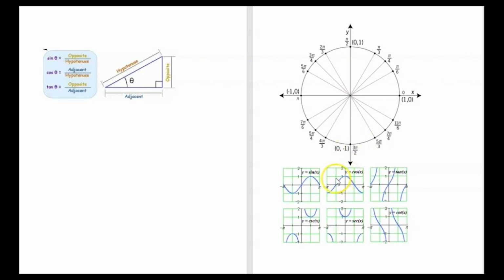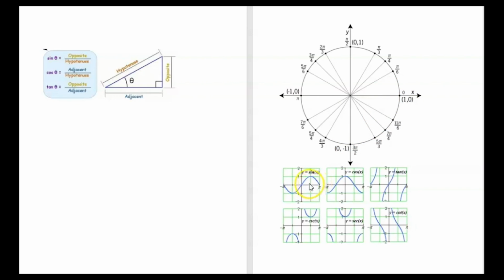Now if you want to look at the trends of the various different trigonometric graphs, here you can see same thing going on here. So let's assume this is 0, pi over 2, and pi. As you can see, when sine is 0, which is right here, the y value is 0, which is also going to give it a value of 0.